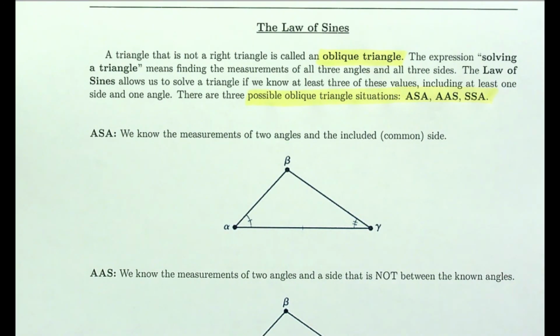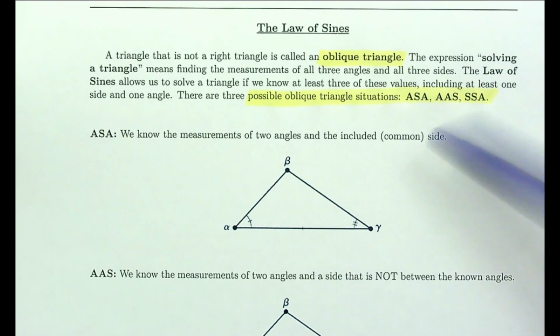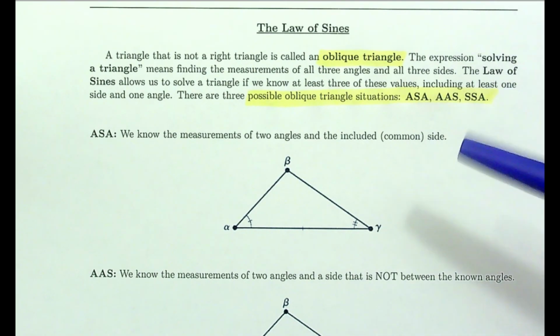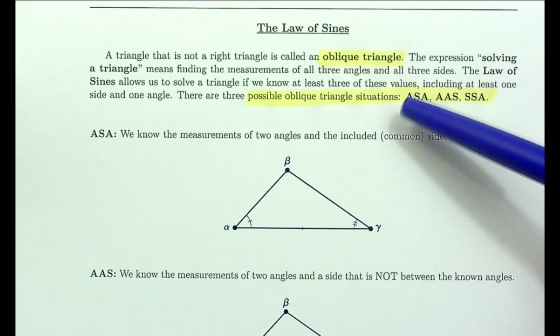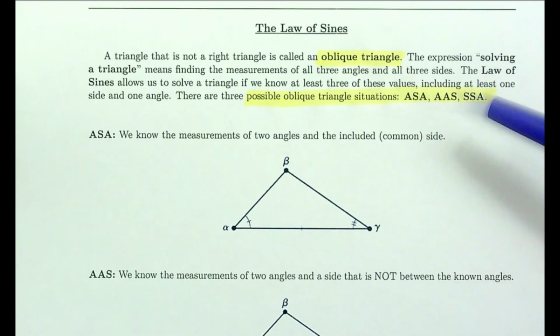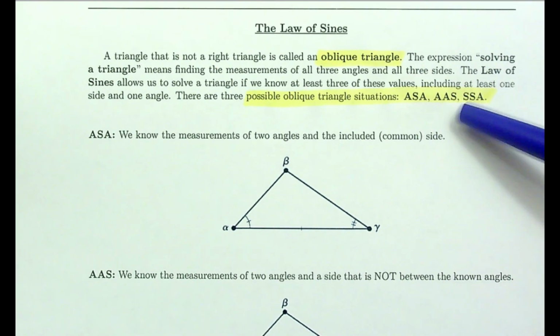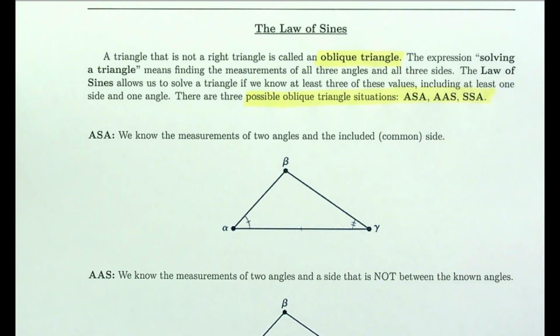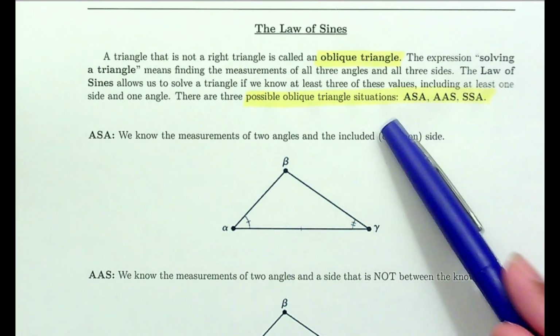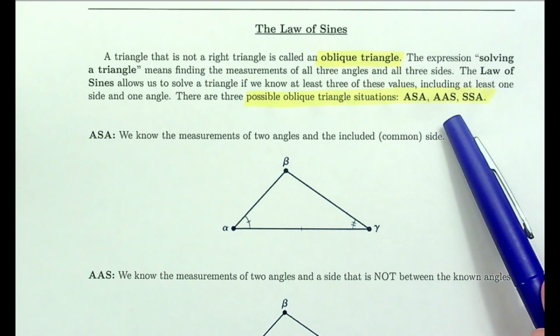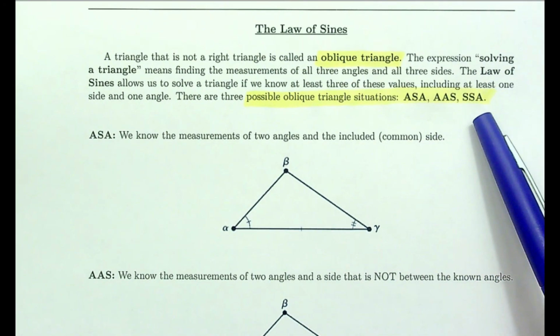So we concentrate then on these 3. These 3 situations are called the ASA, the AAS, or the SSA. A stands for angle and S stands for side. So that would be angle, side, angle; angle, angle, side; and side, side, angle.